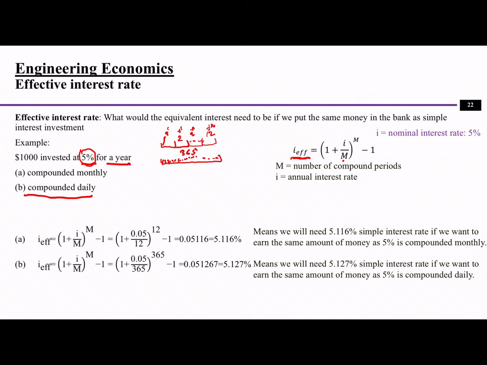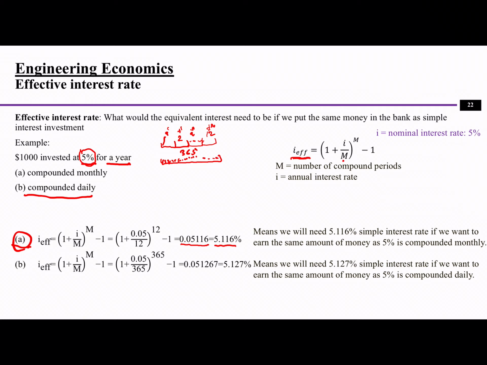If it's monthly, then it will be 12. If it's daily, then it will be 365. We use this equation to calculate the effective interest rate. Now let's look at the first one, A. If it is compounded monthly, using this equation we find that it's 0.05116. It will be 5.116% effective interest rate.